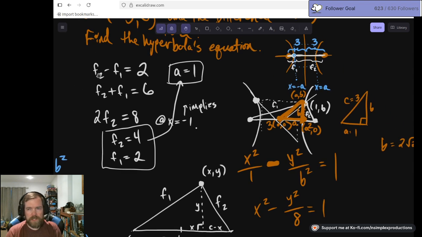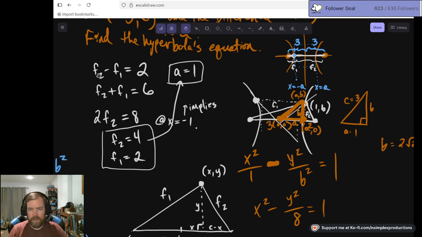So when our point is directly in line with our foci, their sum ends up being 6, their difference ends up being 2, and we were able to figure out that clearly a is equal to 1.